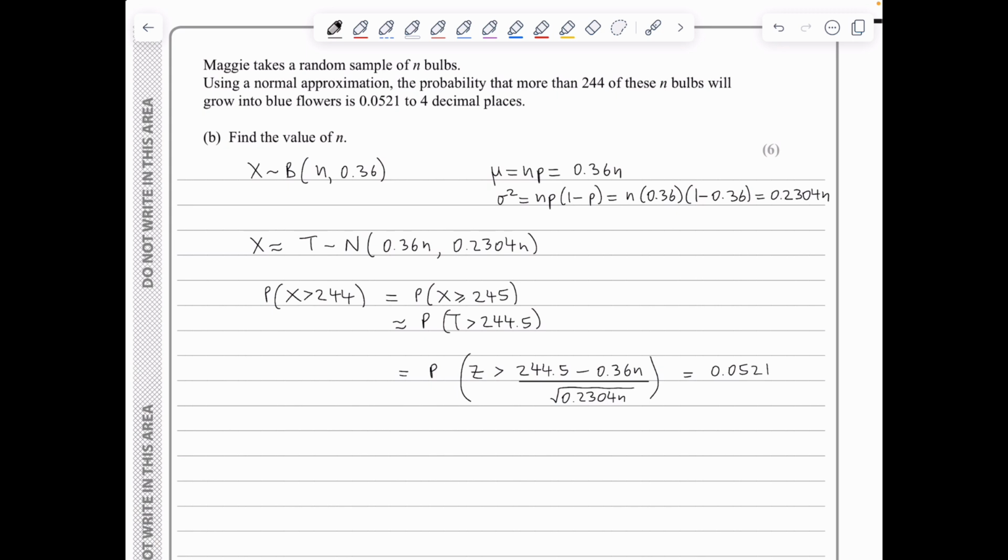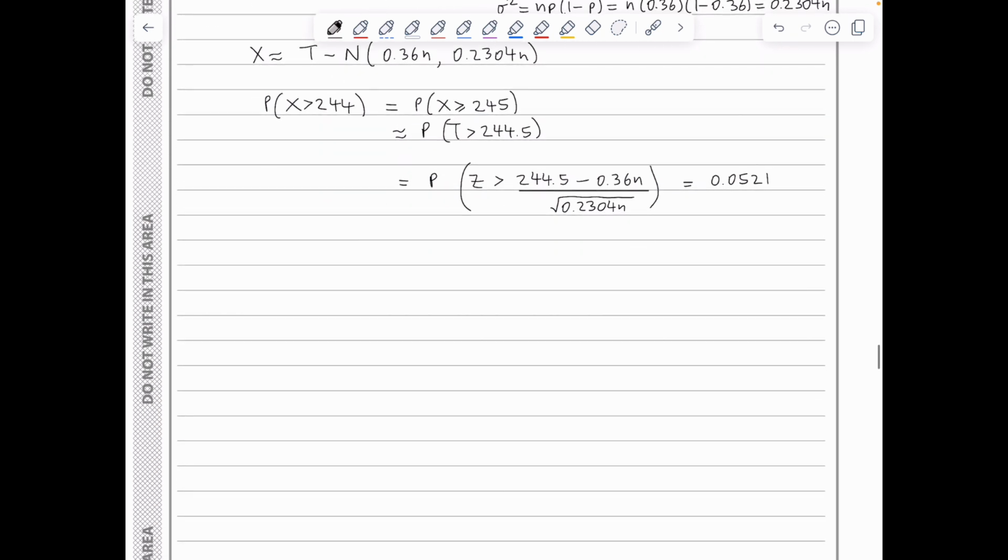So I can actually proceed and say the probability of Z less than 244.5 minus 0.36n over the square root of 0.2304n is simply going to be given by 1 minus 0.0521. So I can now use my calculator.